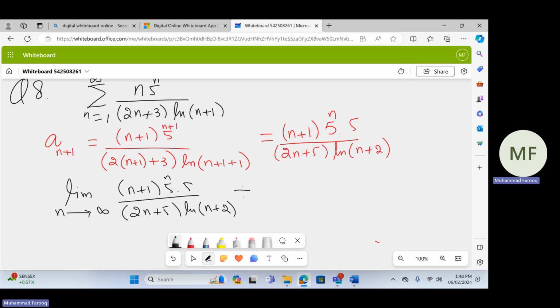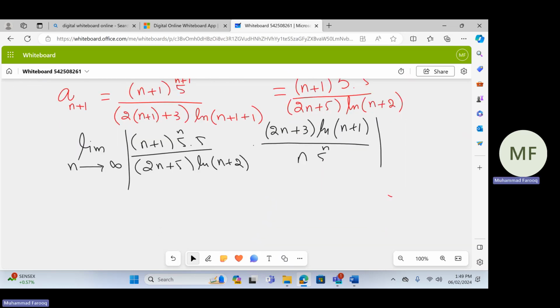We change divide to multiply, it will flip and become the reciprocal. So we multiply by (2n plus 3) times ln with the argument n plus 1 going up, and divide by n times 5 power n, which comes down. And don't forget, it has absolute values, right? I just put the values in the formula, okay?